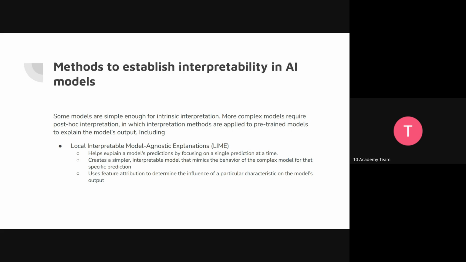It does that by creating a simpler model to mimic the behavior of the complex model for a specific prediction, and uses feature attribution to see the weight or influence of a particular input feature on the output of the model.